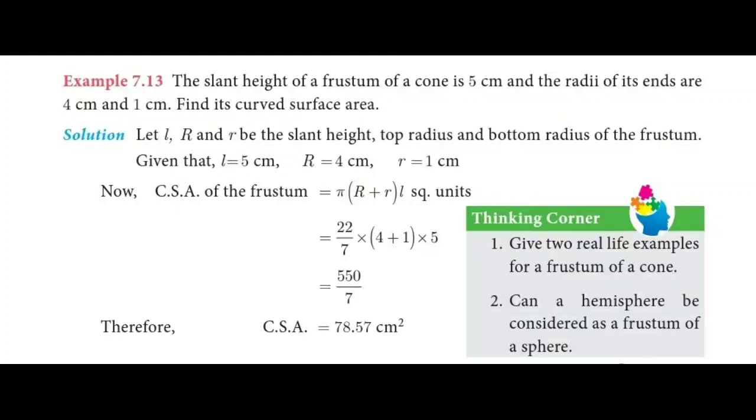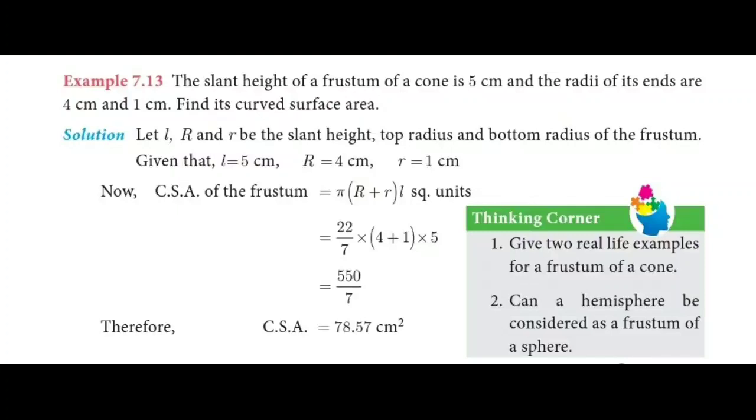We know the formula, CSA of the frustum is equal to pi into capital R plus small r into L square units. Then 22 divided by 7 into 4 plus 1 into 5, then 22 divided by 7 into 5 into 5.